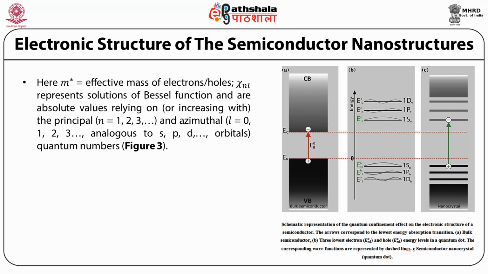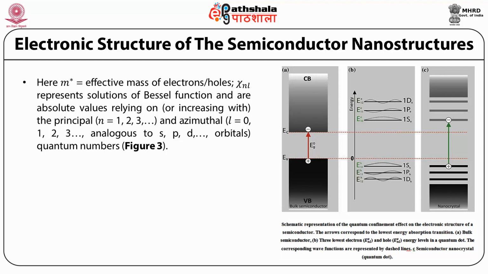An important consequence from the difference in the potential of a quantum dot and hydrogen atom comes out to be that there is no restriction on l, the azimuthal quantum number, with respect to n, the principal quantum number, in a quantum dot, whereas in the case of hydrogen atom, the two are related by the relation l less than or equal to n minus 1.